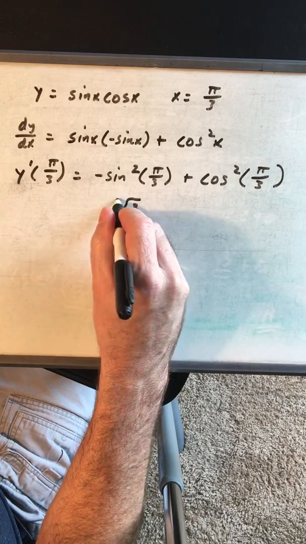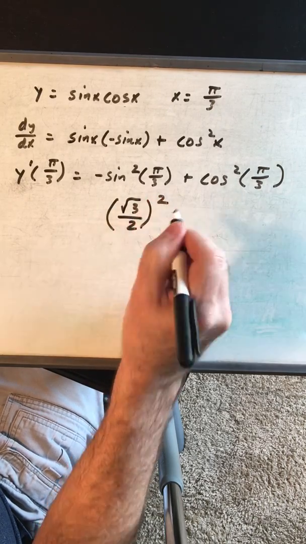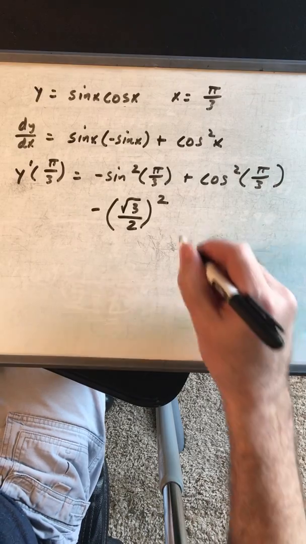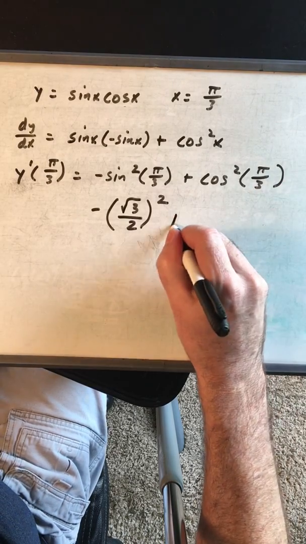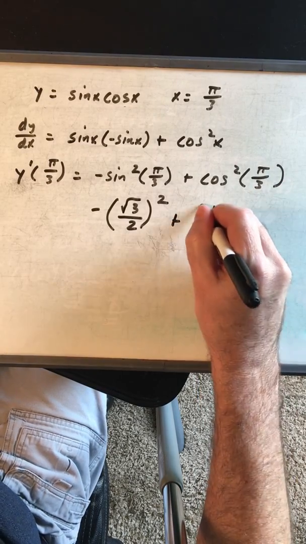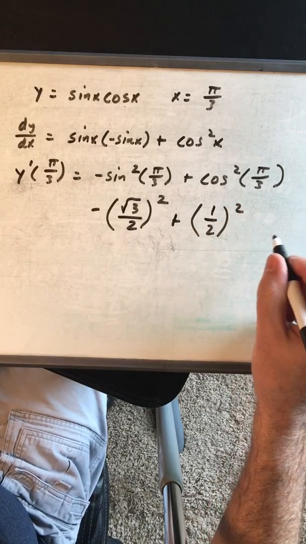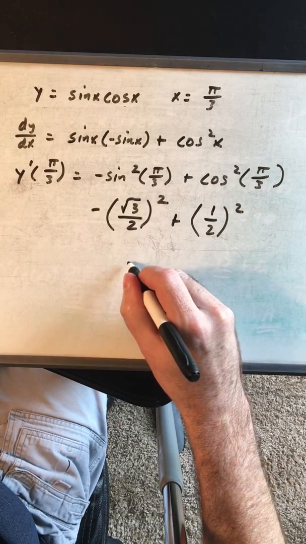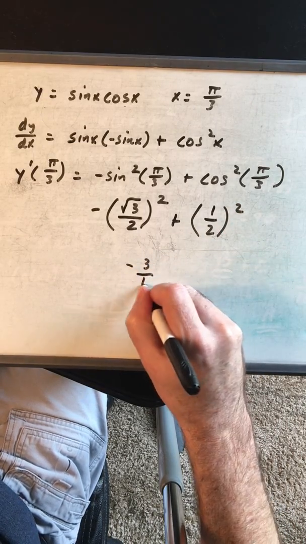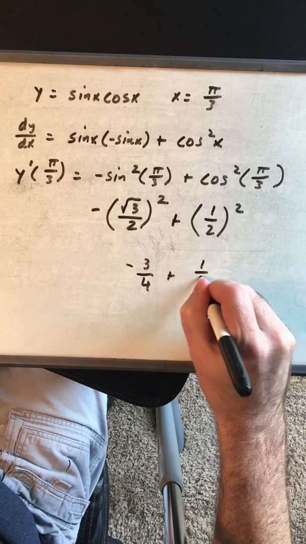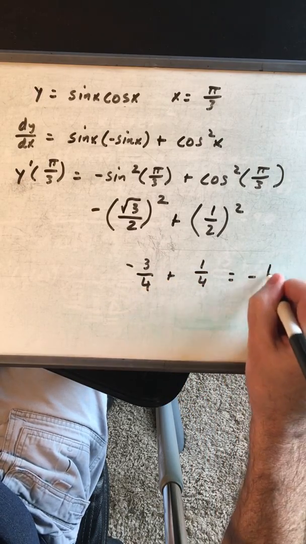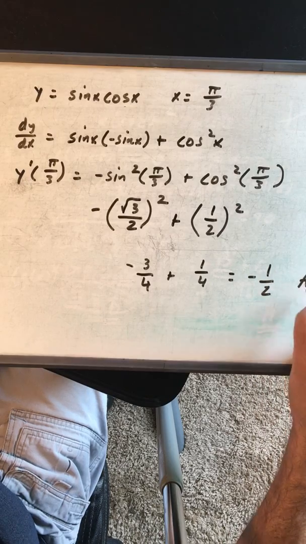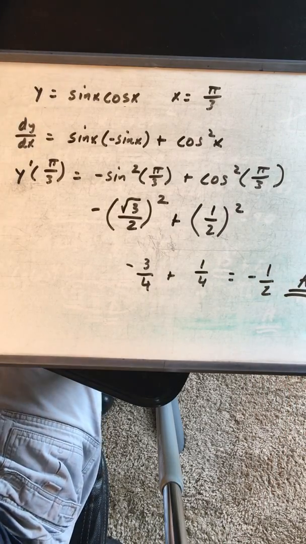You have to remember that. We have to square it since it's sine squared and there's a negative out front. Cosine of pi over 3 is a half. So we have a half, square it. So that's going to be negative 3/4 plus 1/4, which is negative 1/2, and that is A.